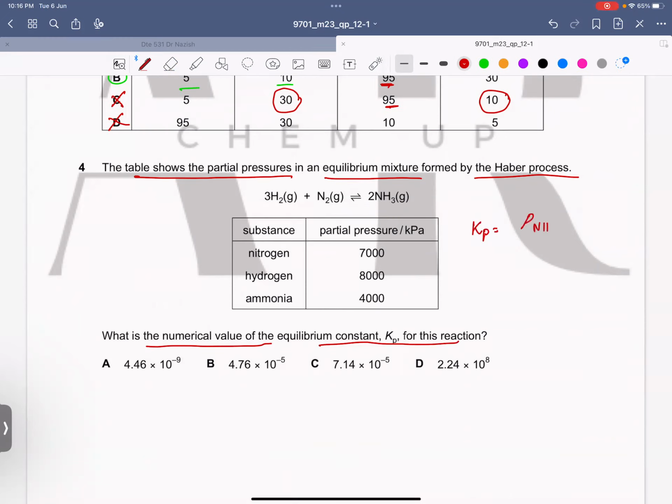So partial pressure of ammonia squared divided by partial pressure of hydrogen cubed multiplied by partial pressure of nitrogen. If you put the values, for ammonia it's 4000 whole squared, divided by, for hydrogen it's 8000 cubed, and for nitrogen it's 7000. You have to just put it in the calculator and solve it.